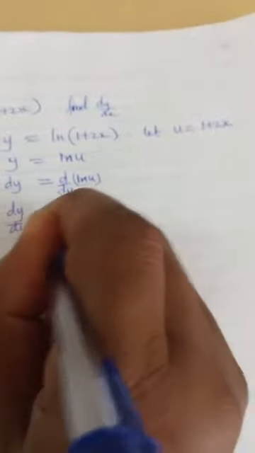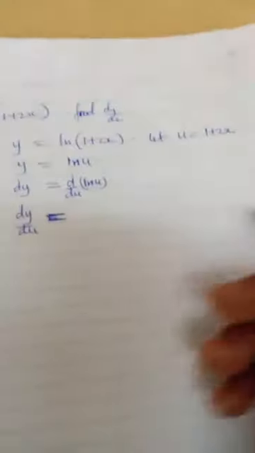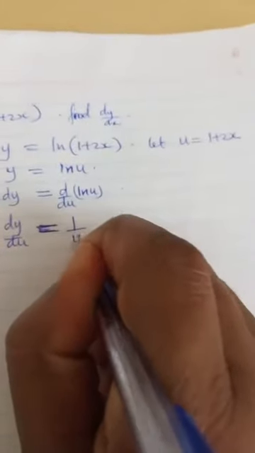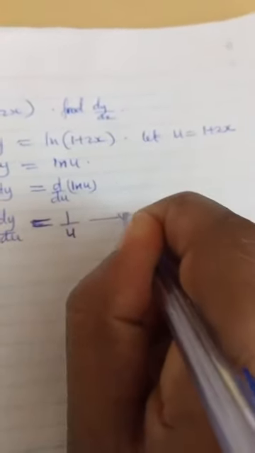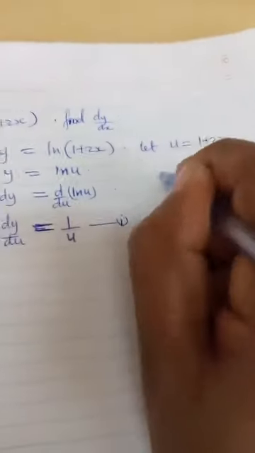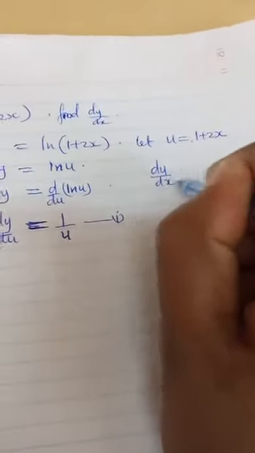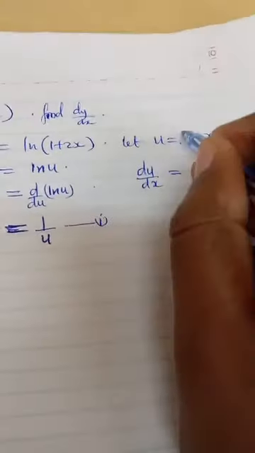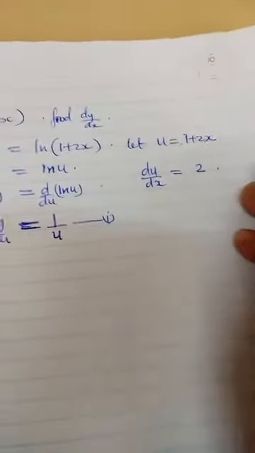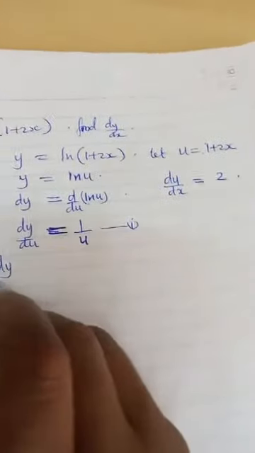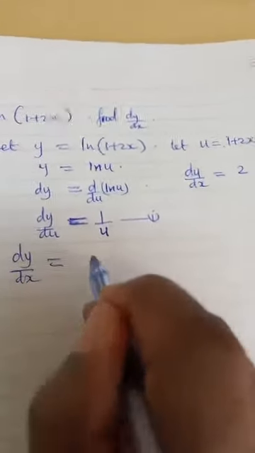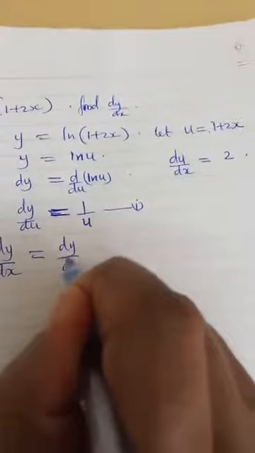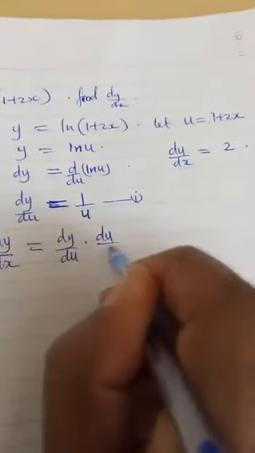So dy by du, from the previous example where we differentiated ln of x, we shall get this as 1 out of u. You keep it there. From here, you need to get du by dx as well. Du by dx will be equal to 2, since when we differentiate a constant it goes. So by chain rule, dy by dx, which we want, will be dy by du times du by dx.